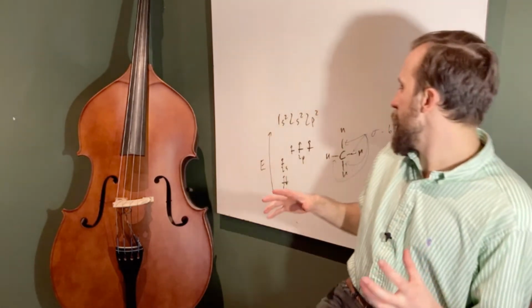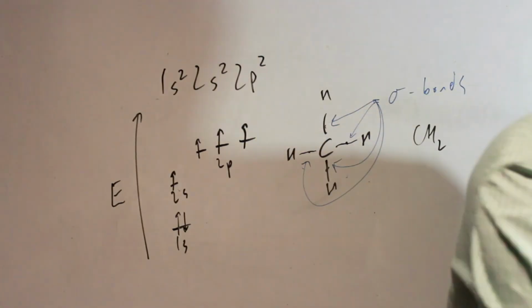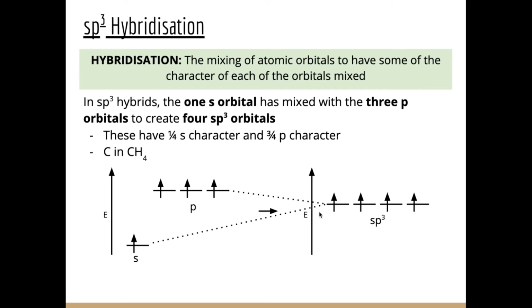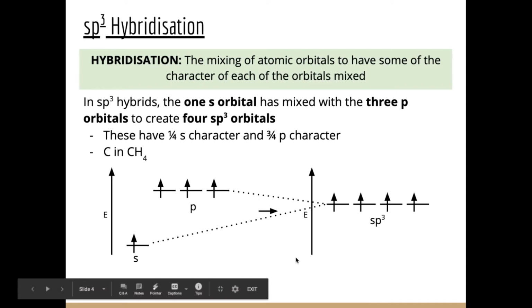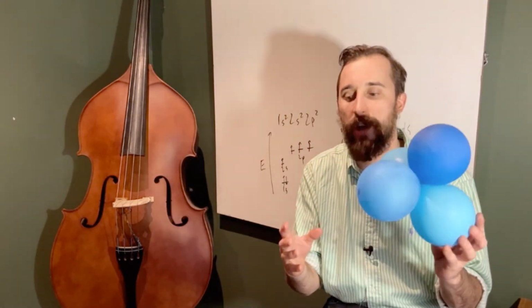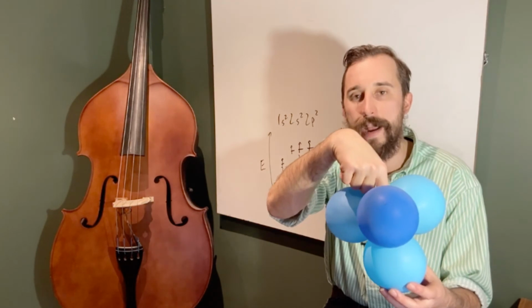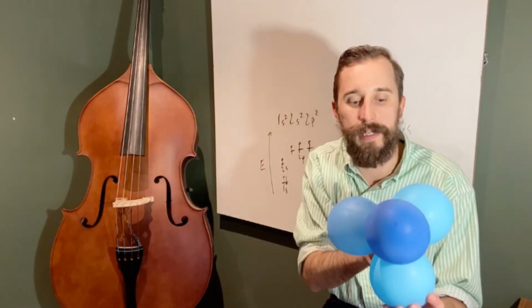If we have 4 sp3 orbitals that are all equivalent energy levels and all have electron density within them, the furthest apart 4 electrons can be is in a tetrahedral shape. So I've got 4 things that are tied by the nucleus in the center.